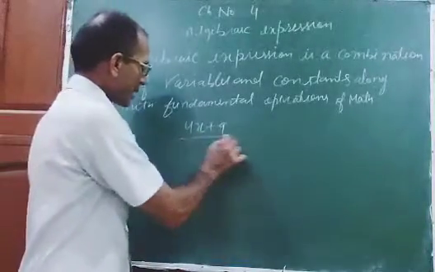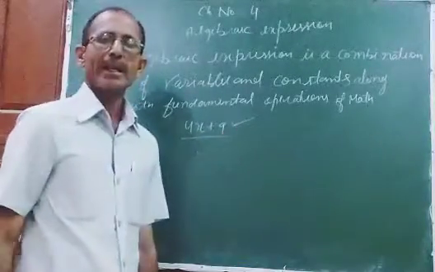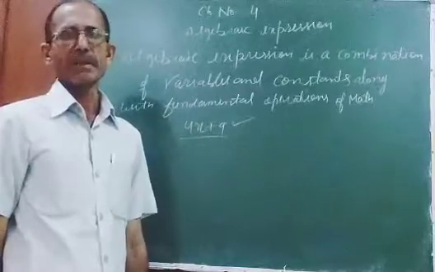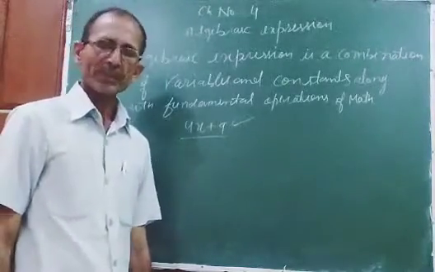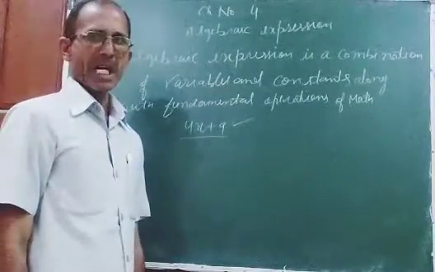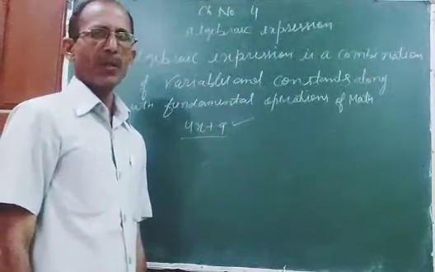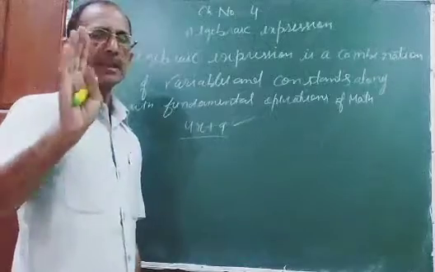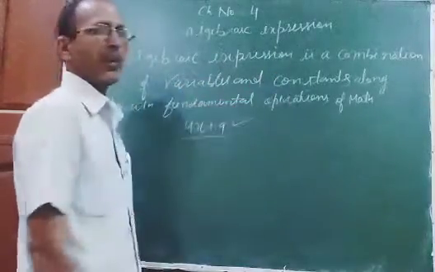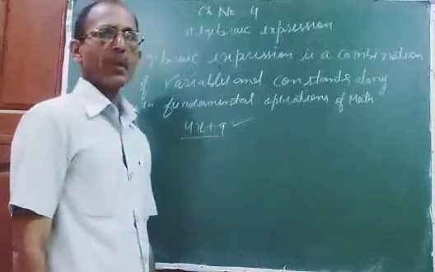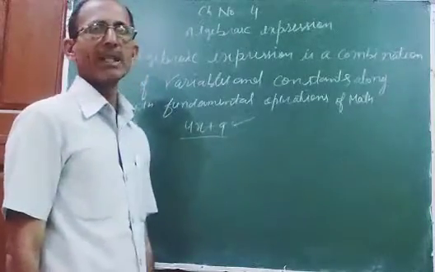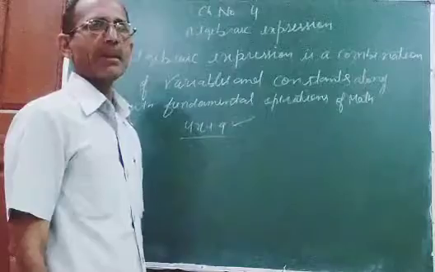So 4x plus 9 is an algebraic expression. The combination of variables and constants along with fundamental operations of math is called an algebraic expression.